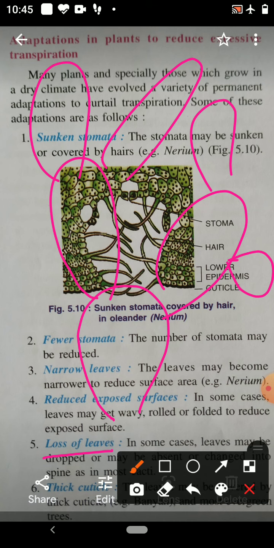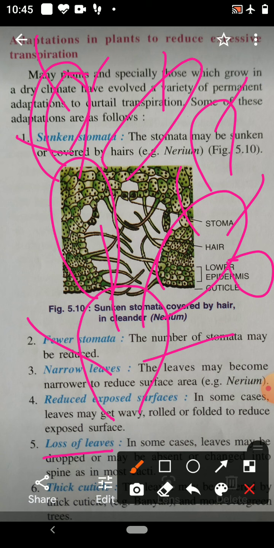On the cactus plant you will see the leaves are reduced into spines. These are the spines. And this structure is the stem that has become flattened, thick, fleshy. So this is for reducing transpiration.